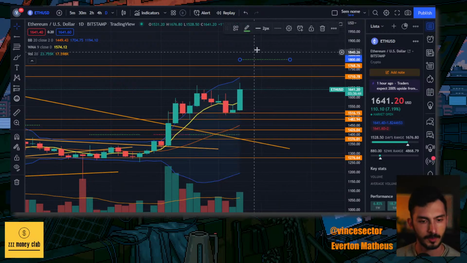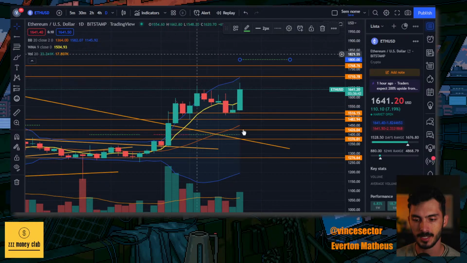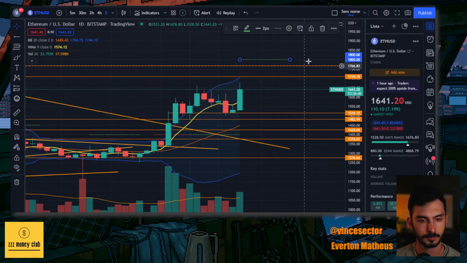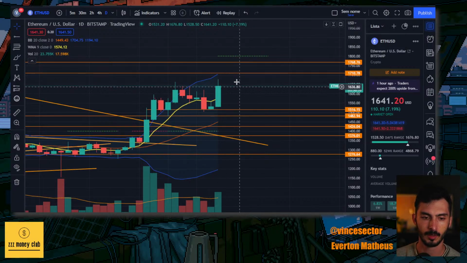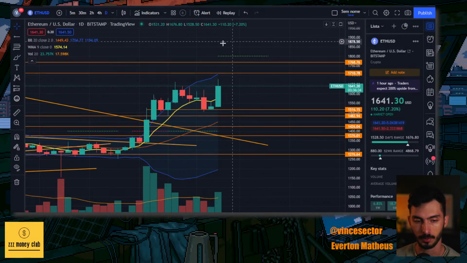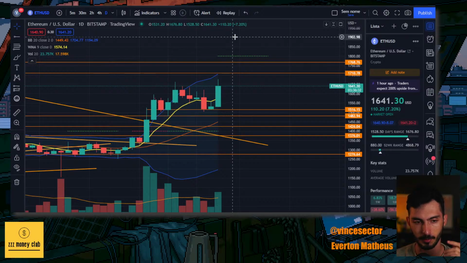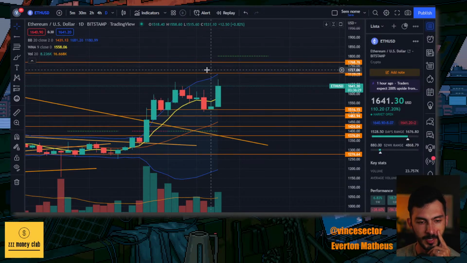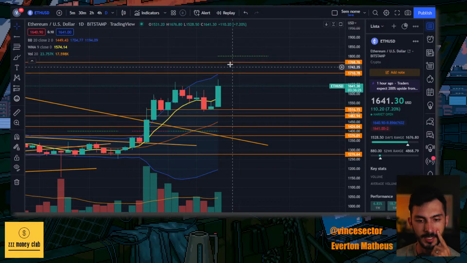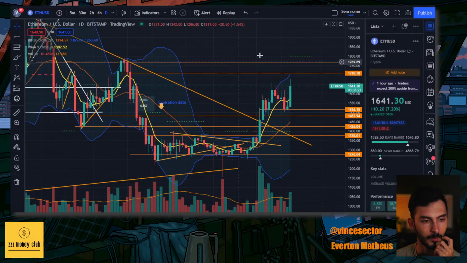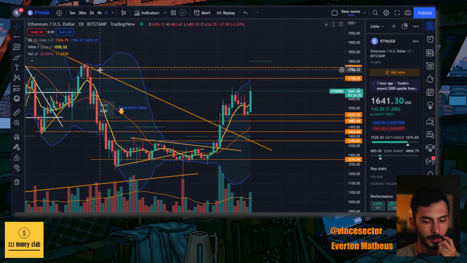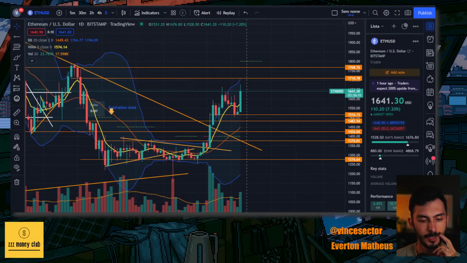There we go. So now I can visually see on my chart where I don't want Ethereum to close. So this is the no zone for Ethereum, but at least for me, we have these two resistances right here at 1710 and 1770-ish, more or less, which were from a month ago, maybe. I think, what is it, September? Yeah, from 2 months ago.